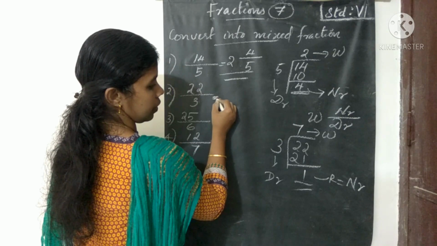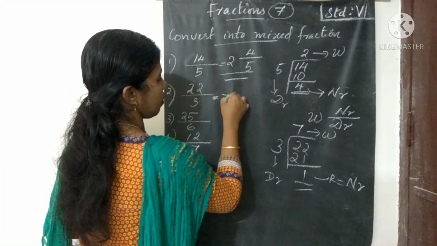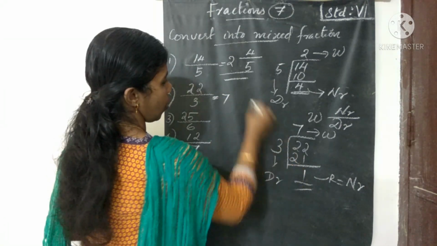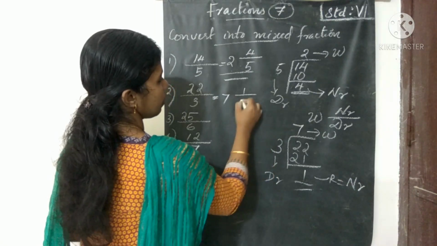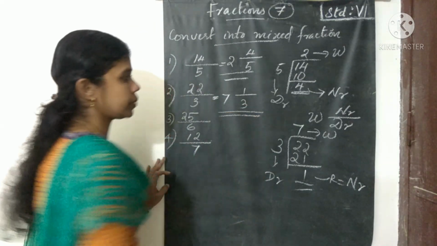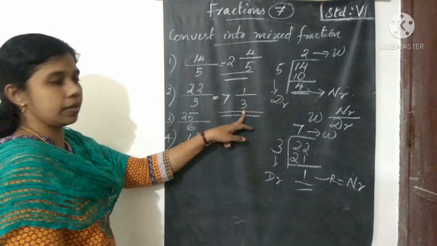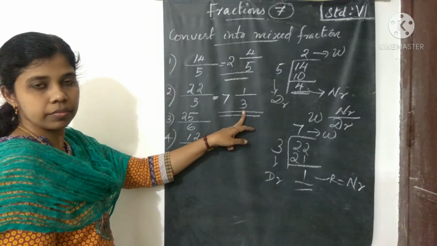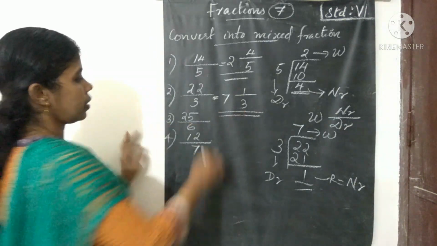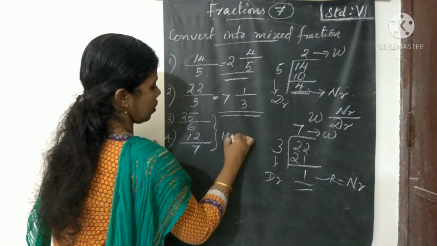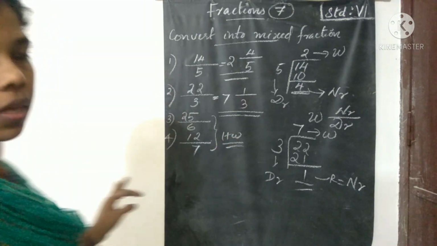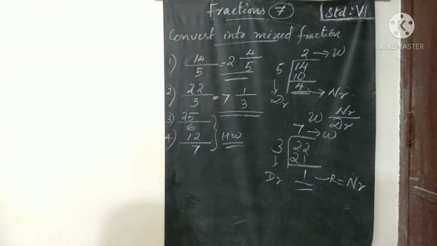So it can be written as whole number part 7 and 1 by 3. 7 and 1 by 3. Clear? These two questions are homework. Write in the notebook.